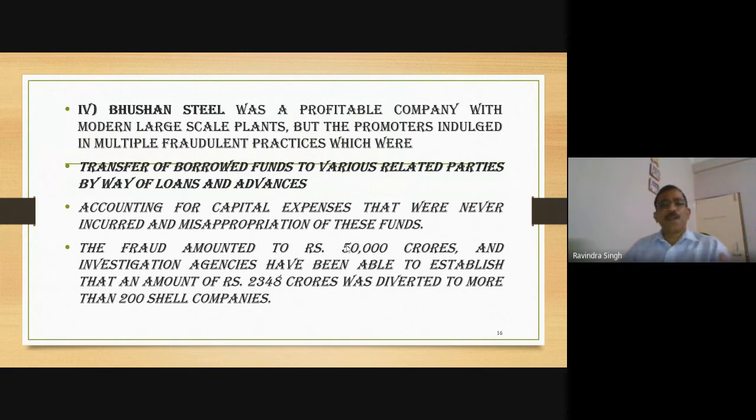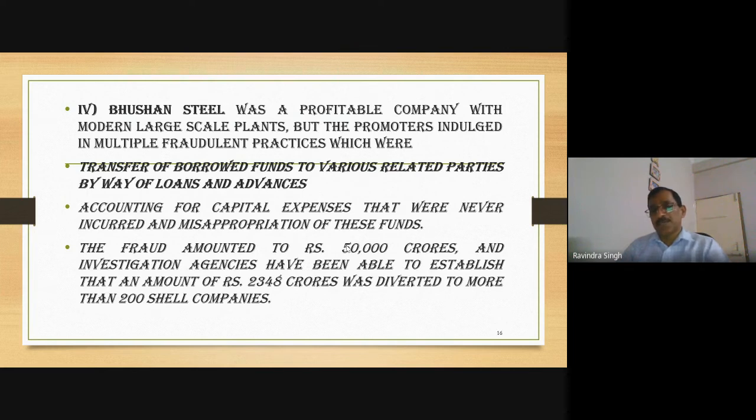The fraud amounted to rupees 50,000 crores, and investigation agencies have been able to establish that an amount of rupees 2,348 crores was diverted to more than 200 shell companies. Shell companies are those companies which generally never exist. They exist only on papers.